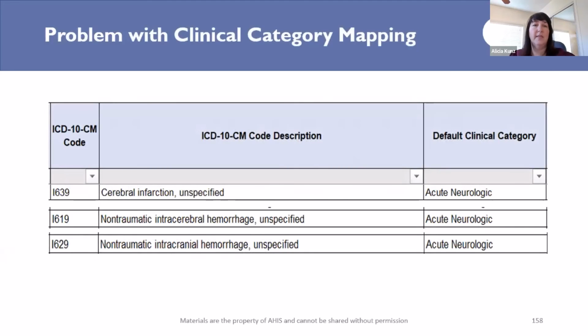Now, one of the things that you need to be aware of is there is a problem with the clinical category mapping for long-term care. I63.9 is the code for cerebral infarction unspecified, and you can see that it maps to acute neurologic. So if you were to assign the code for cerebral infarction or acute CVA, it's going to let you.